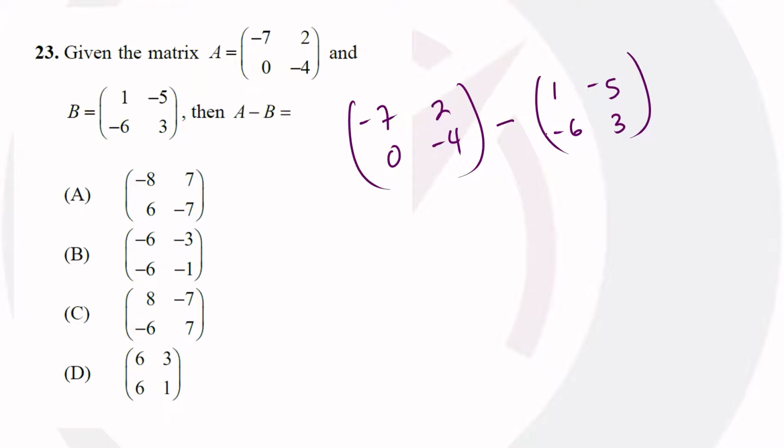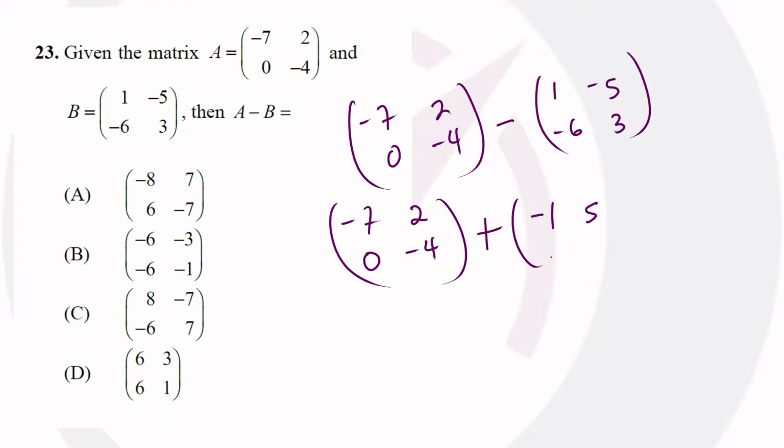Now we can distribute this negative sign and we have negative 7, 2, 0, negative 4, plus, distributing the negative, negative 1, positive 5, positive 6, negative 3.